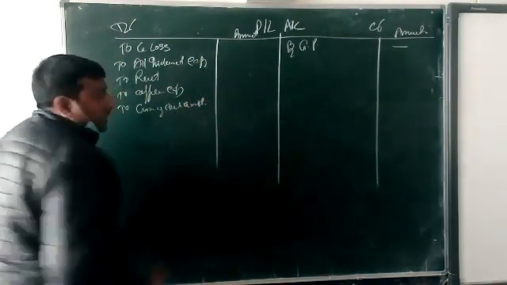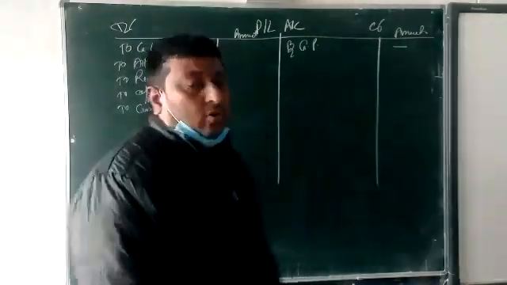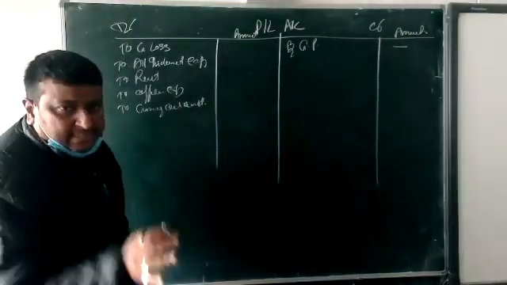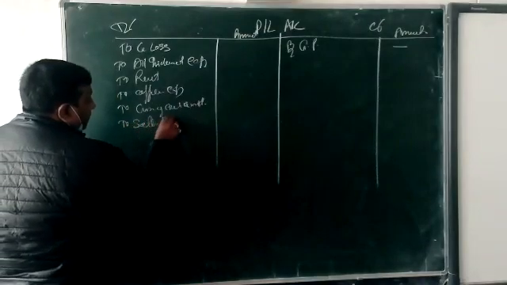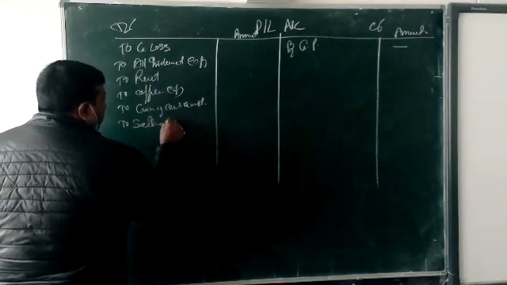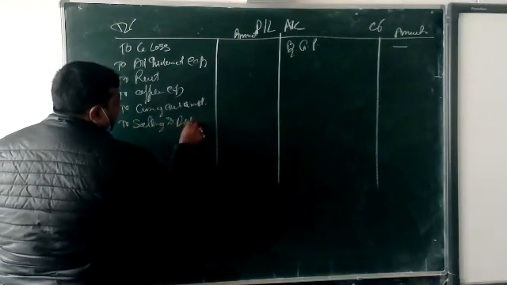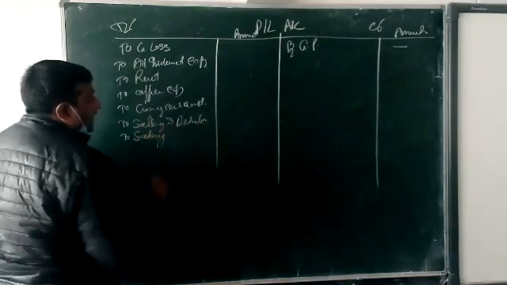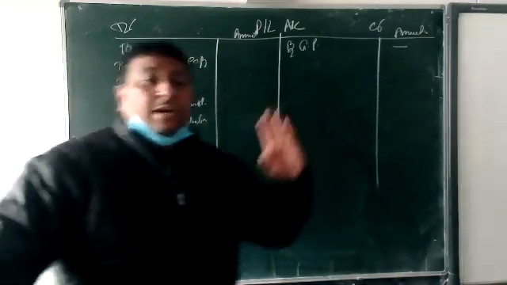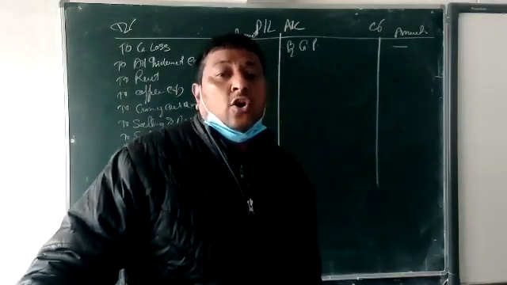Outward means carriage on sale. Any type of office expense, selling and distribution expense, to salary. Okay, salary and wages we are putting in the PL account.